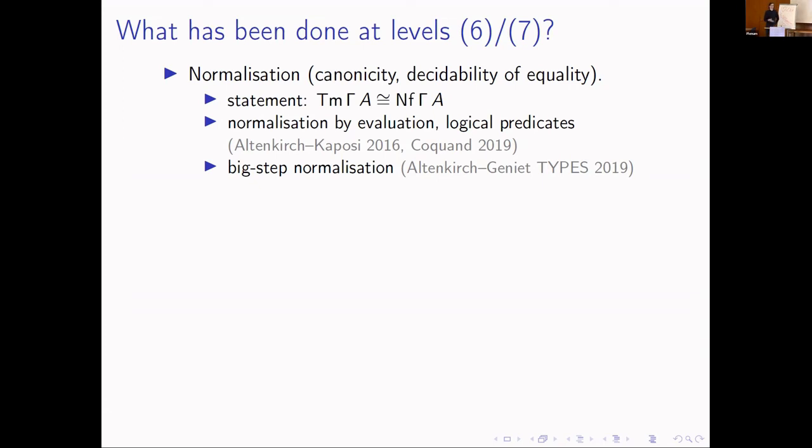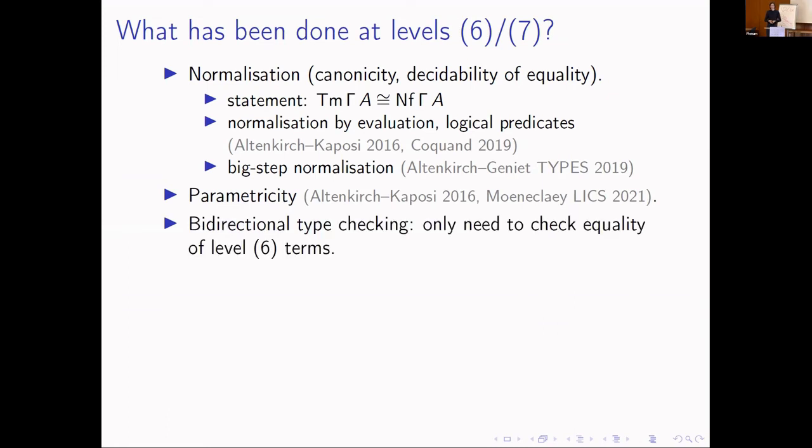So big step normalization is the way usually proof assistants implement type checking or normalization for type checking. And there are papers describing these. Another thing, parametricity or abstraction theorems can be proven at this level of abstraction.